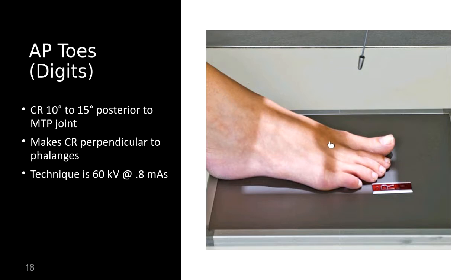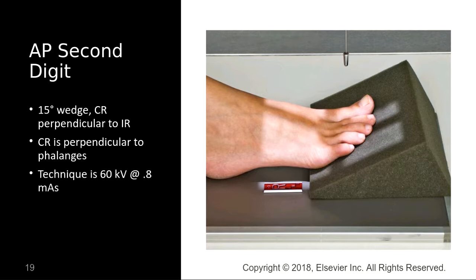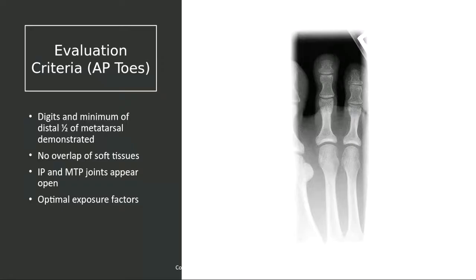Okay. Now the collimation on this should be a little tighter. When we look at the image, you'll notice that you don't ever get all of the toes in one image. It's confusing for the radiologist to have all the toes in there, or more than ideally the one that is of interest. So when the image comes out, ideally you can tell that this is the digit or the toe of interest.